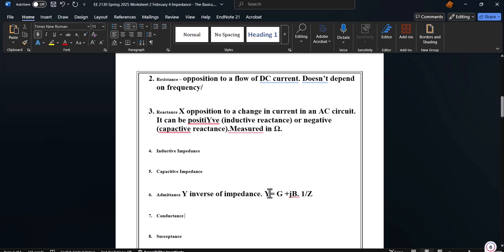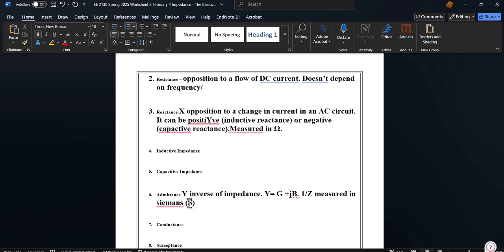And these all, just like reactance and resistance and impedance are all measured in ohms, admittance, conductance, and susceptance are all measured in the same unit. Do y'all remember that unit? No, this one is, the unit is Siemens. And that's a capital S is the symbol.